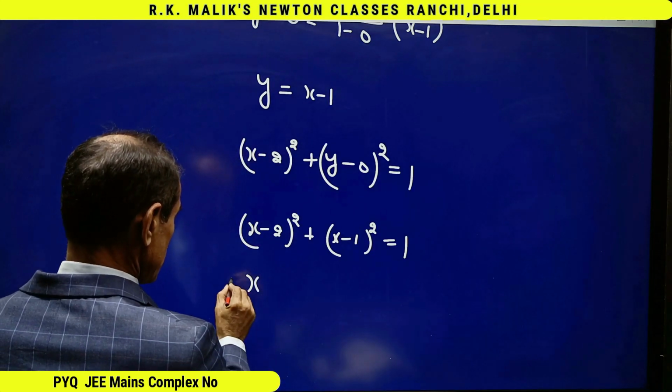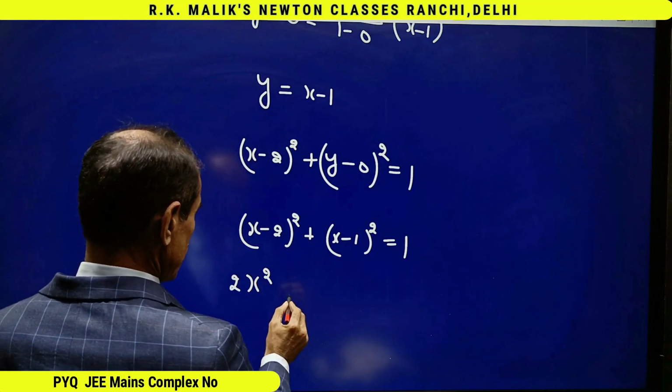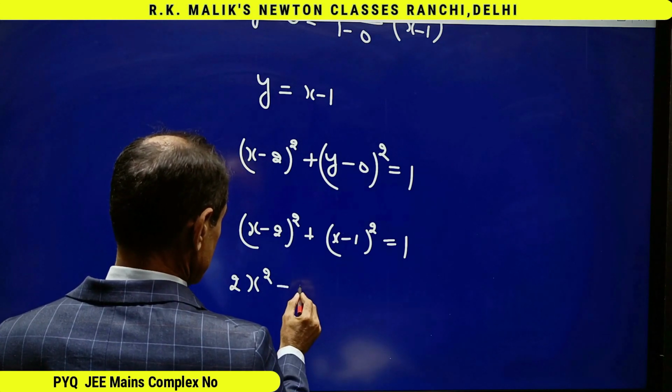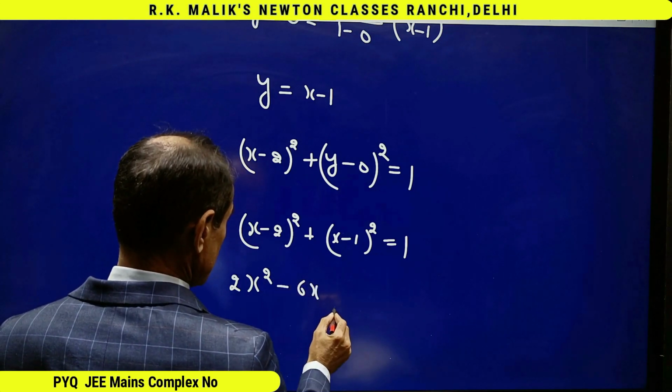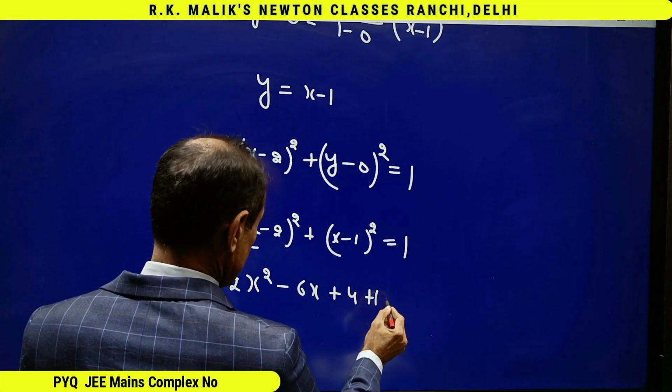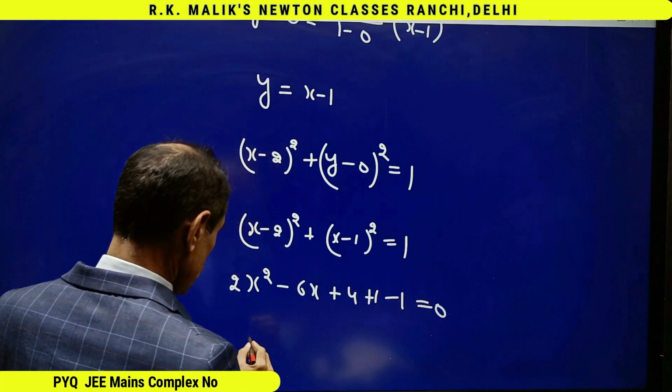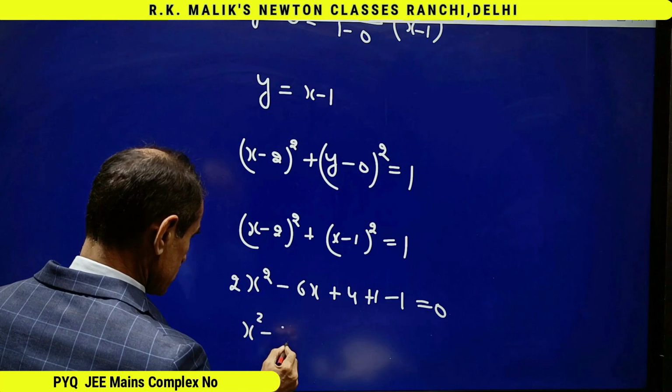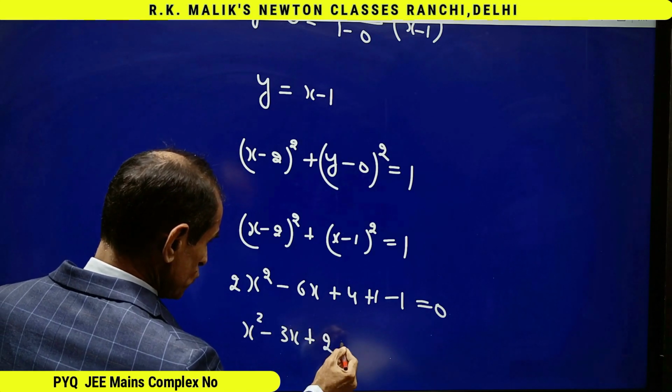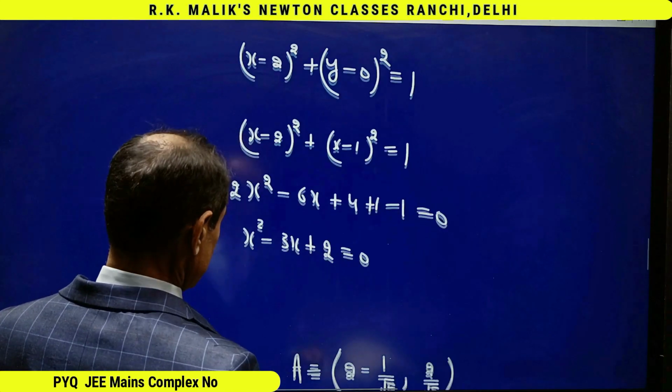That is, I get 2x square minus 6x plus 4 plus 1 minus 1 equal to 0. That is, I get x square minus 3x plus 2 equal to 0.